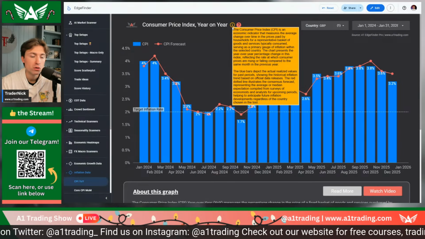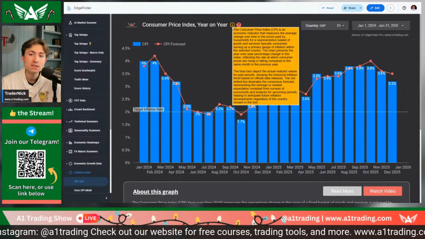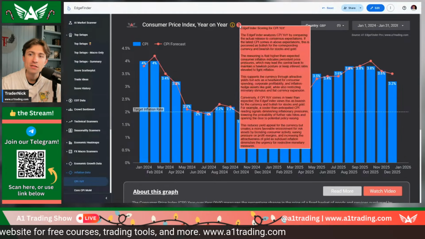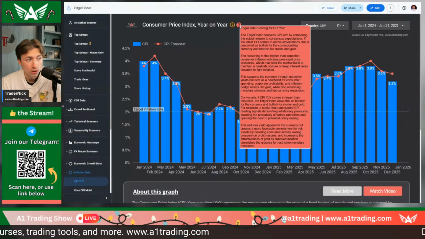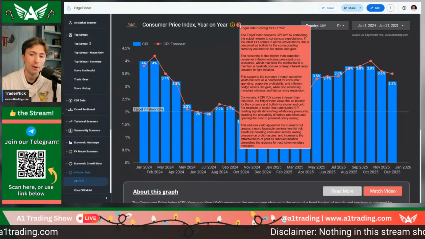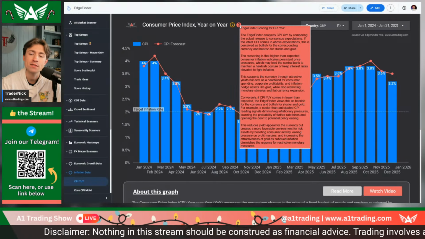So this will give you a little bit of an explanation as to what the graph you're looking at actually is. And then this little question mark icon, this is going to be Edge Finder scoring. So sometimes people want to better understand how Edge Finder scores various indications, various economic data, etc.